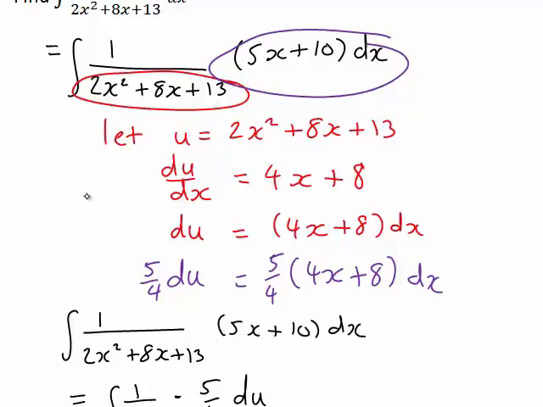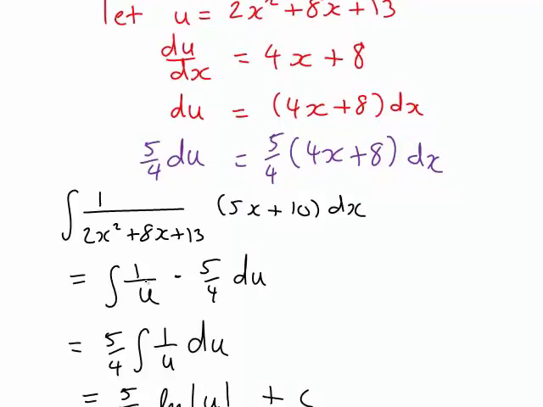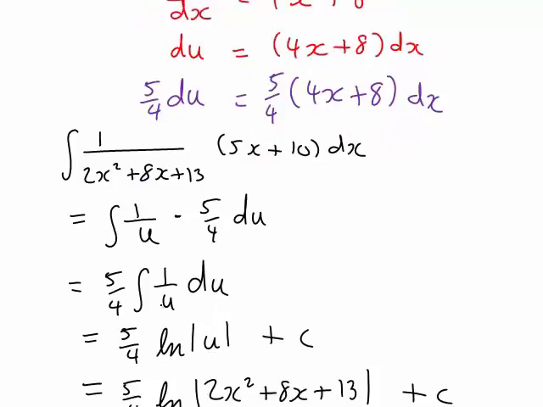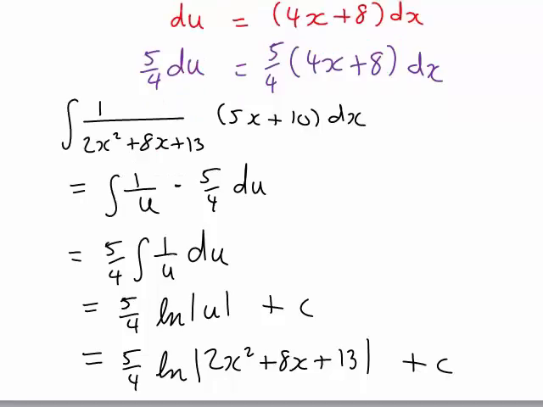In particular, the derivative of the denominator was 4x plus 8, and to get our expression 5x plus 10 dx, that was 5 divided by 4 times the derivative of the denominator. Hence, we were able to rewrite our expression as 1 divided by u times 5 divided by 4 du. And it was then a straightforward integration of 1 on u, giving a natural log function.